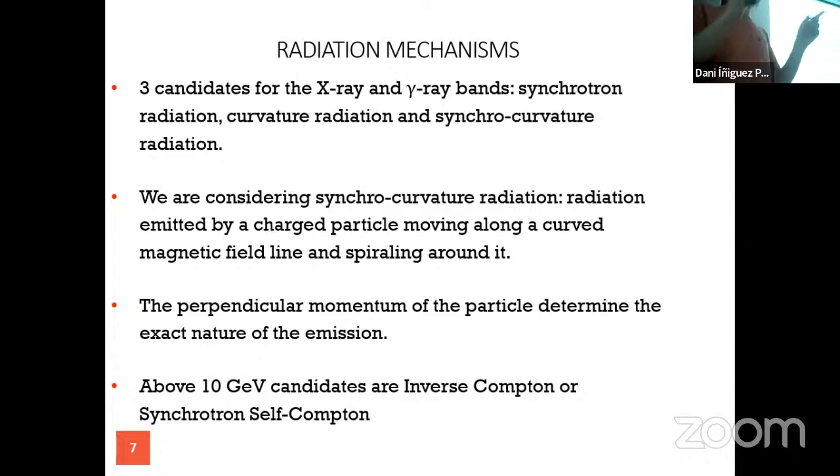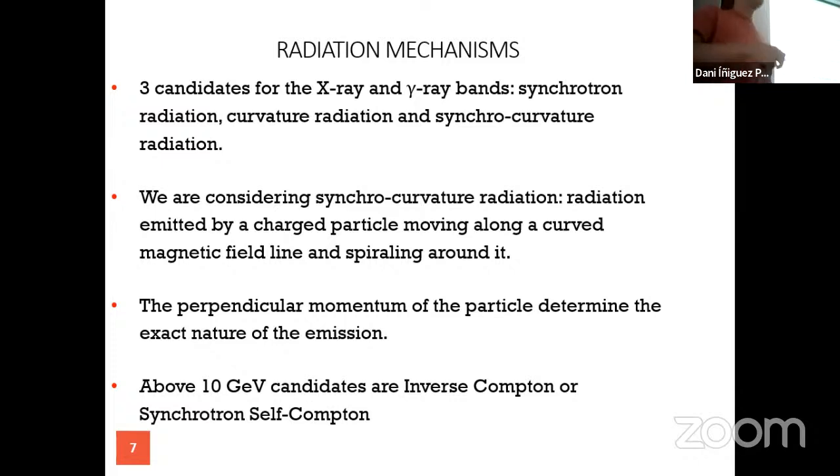In the situation in between, in which there is a perpendicular momentum that is not very relevant, the emission will be purely synchro-curvature. And for higher energies, above 10 GeV and up to 50 GeV, the main candidates proposed are inverse Compton scattering or synchrotron self-Compton.